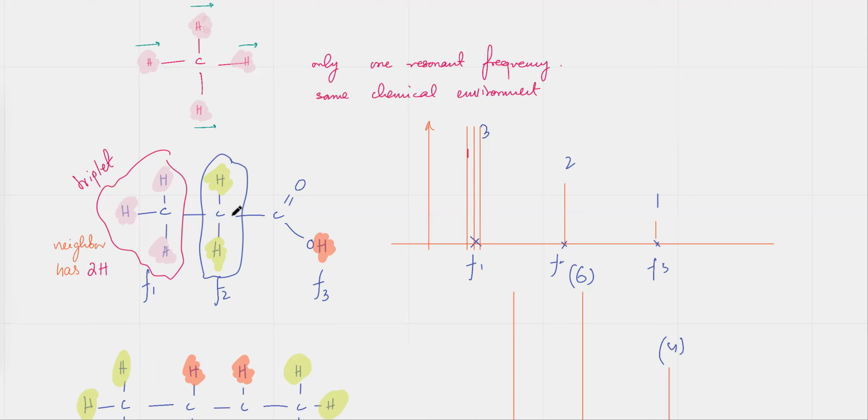So the neighbor has exactly 3 hydrogens, which means it's going to be a quadruplet peak, n+1 rule, which means that this peak would be split up into 4 peaks. Is this clear?